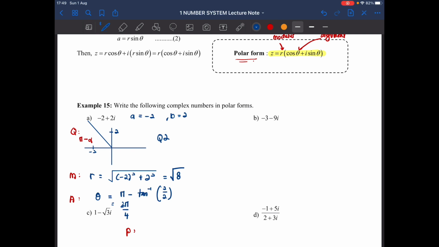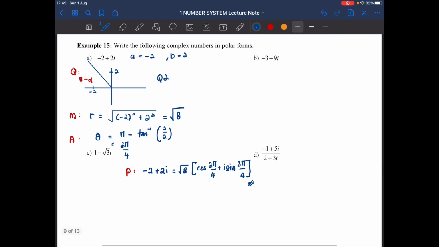The question is negative 2 plus 2i, which is equal to R, square root 8, bracket cos theta, which is 3 pi over 4, plus i sin 3 pi over 4. Okay, no need to press the calculator. Just leave it in this form. Alright, so that's it. That is the polar form for this question.